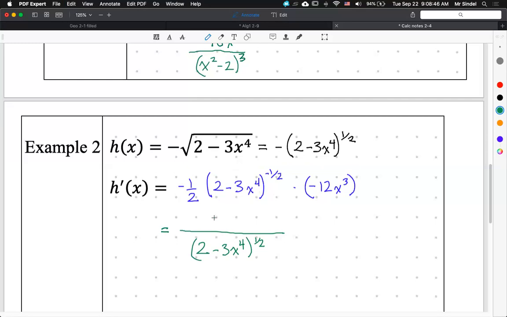Be 6. Keep going. x cubed. Cool. And then simplify that denominator for me now, because I don't like rational exponents. I want to turn it back into radical form. You got this.